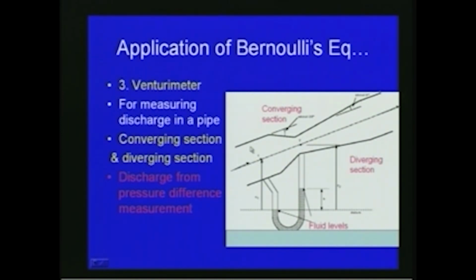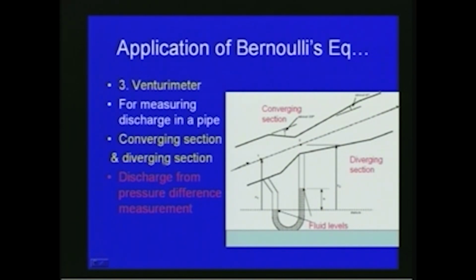So the converging section and diverging section, and then at this particular point you can see a minimum cross sectional area, and then we will be using a manometer like this, and it will be connected between this particular section 1, before the divergence starts, and then particular section 2 as shown in this figure, and then with the manometer liquid level you can see the fluid levels at a height difference of h.